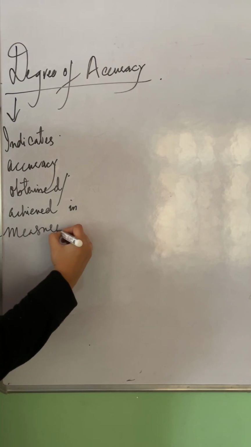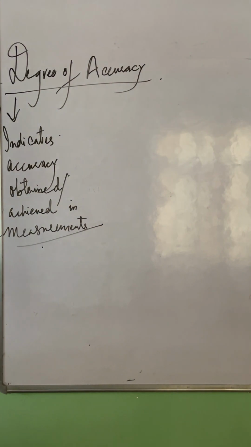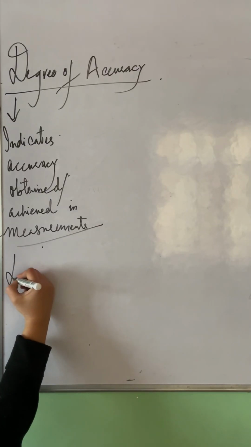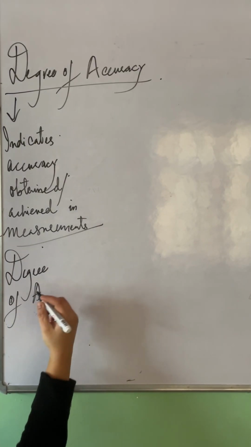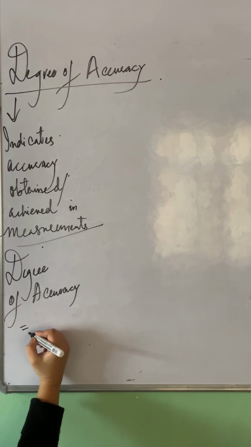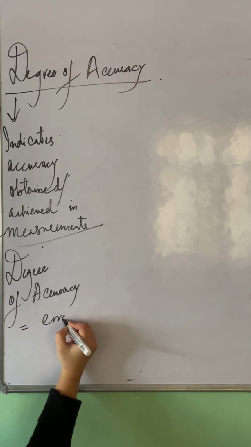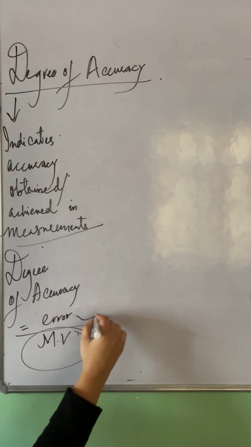So the degree of accuracy indicates the accuracy which we attain in our measurements, and it's usually expressed as the ratio of the error and the measured quantity. Degree of accuracy is expressed as the ratio between the error and the measured value of a quantity.